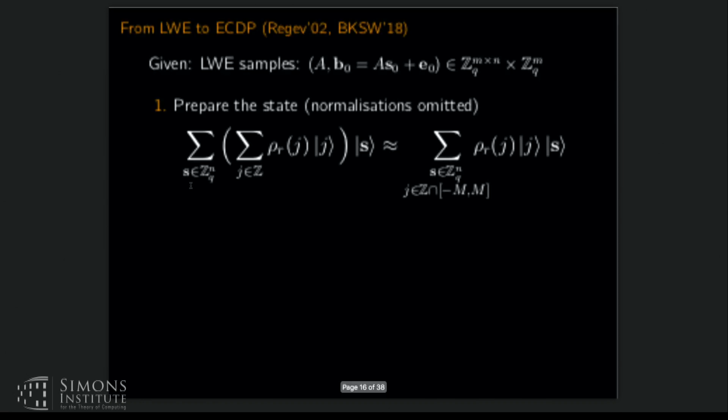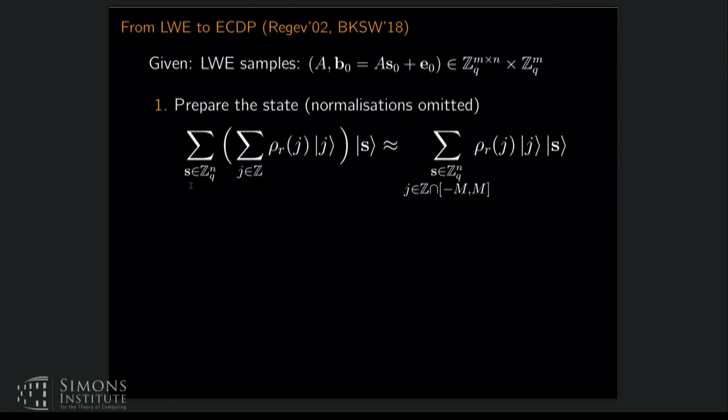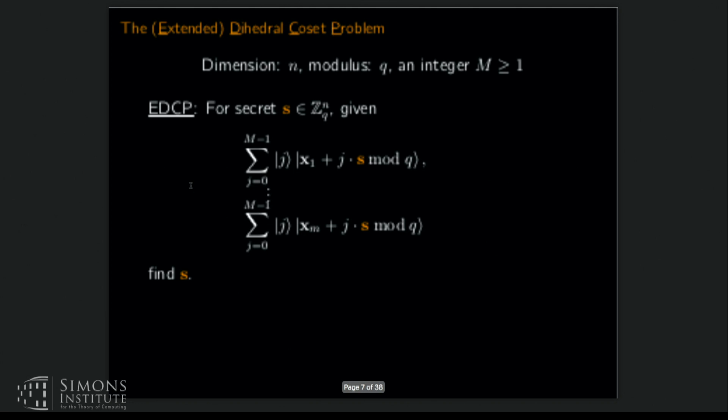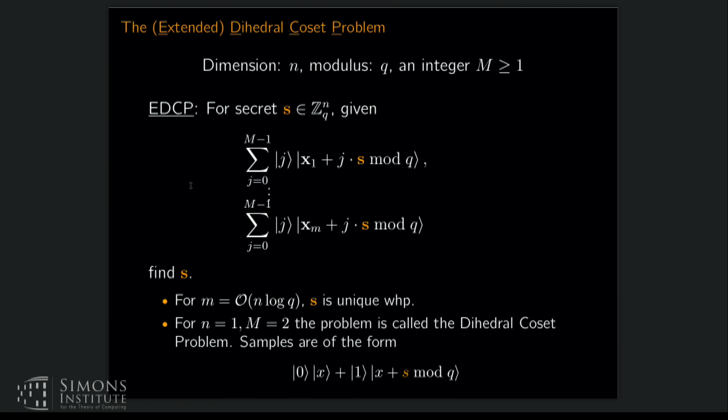So what do we do first? First, we prepare a state. Again, I omit normalizations, and here you should trust me that this state can be prepared easily. First, you prepare a random superposition over J's weighted by Gaussian. Also, what I forgot to tell you is that when I defined EDCP, I could allow J's to be weighted by uniform distribution, but they could also be weighted by Gaussian distribution.